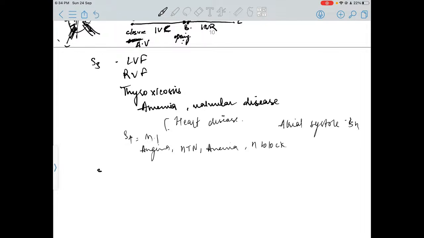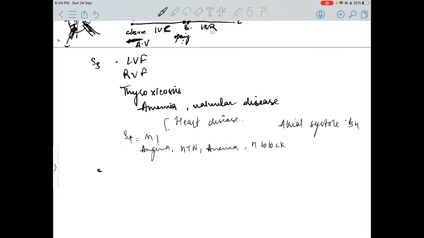S3 is a sound during the diastasis. So any kind of valvular disease, then S3 sound will be there. But S4 sound is when there's some contraction issue. Then it will be heard in MI, angina, HTN, anemia, heart block.